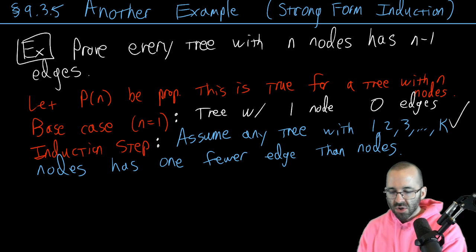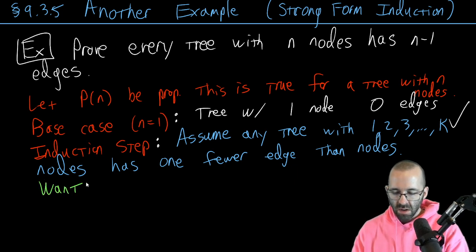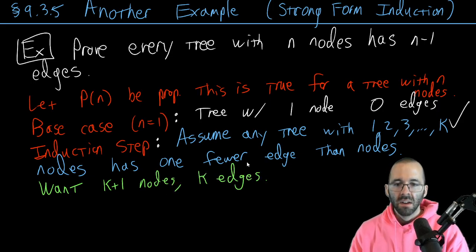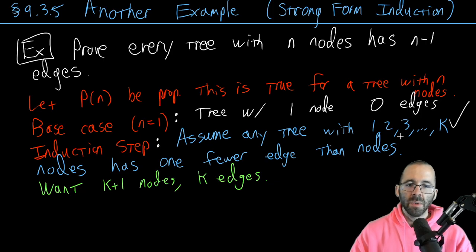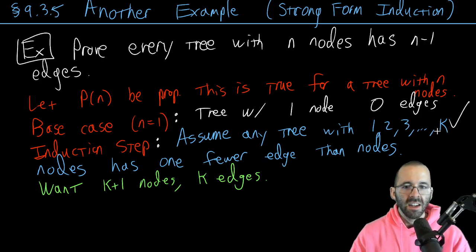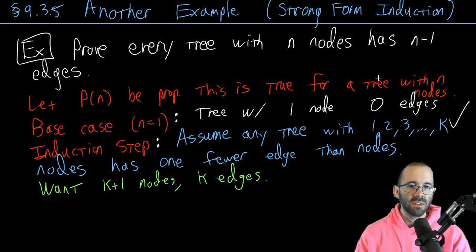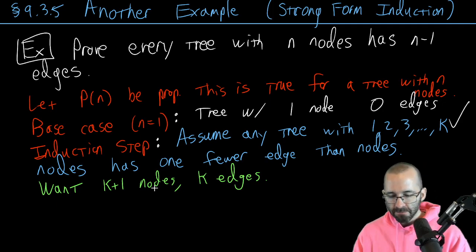And we're going to try to show that if we have k plus 1 nodes, it has k edges. We're assuming it's true for 1, 2, 3, 4, 5, 6, all the way up to k nodes, that those trees will have one fewer edge than they have nodes, which is, again, another way of saying this. And we're trying to prove it for a tree with k plus 1 nodes.